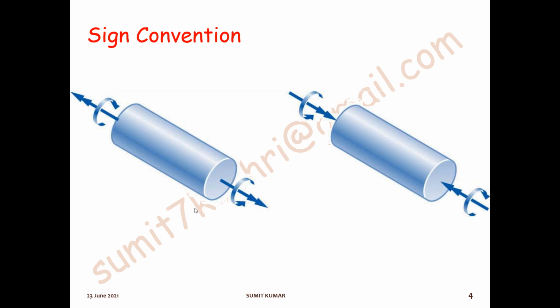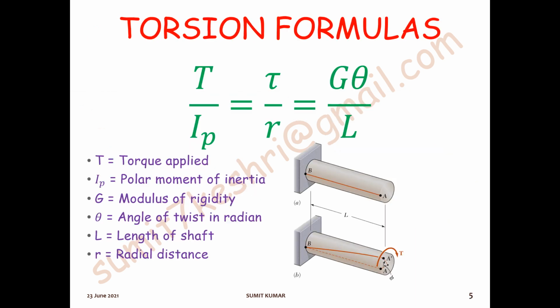Suppose this is outward rotation, you can take it as positive and the one towards the shaft as negative, or the other way around. It's up to you only.